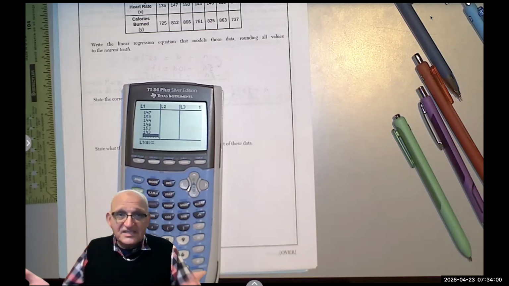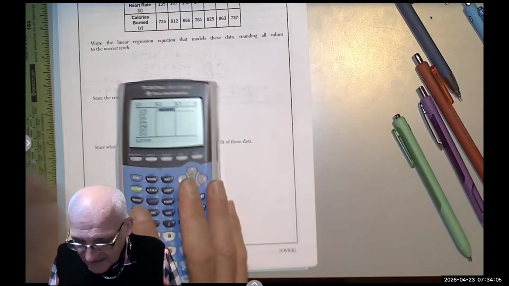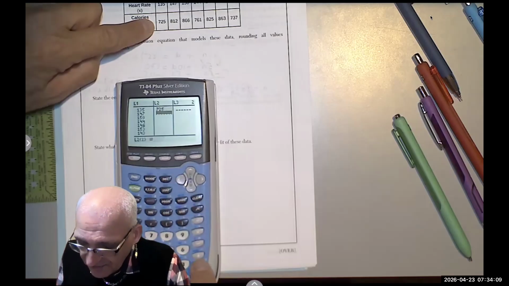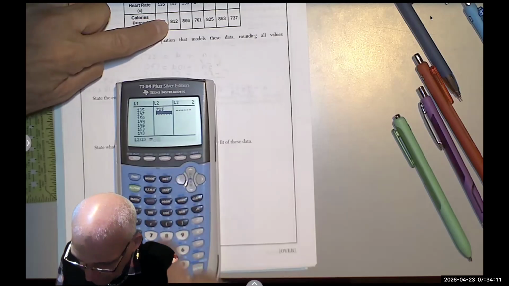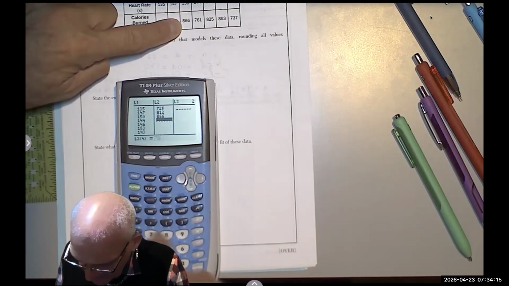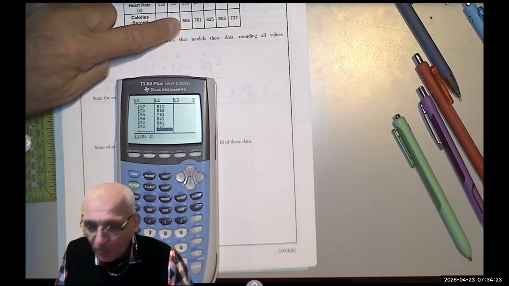You know how to do the math, but you missed a number, so you always have to look. Then the second list: 725, 812, 866, 761, 825, 863, and 737.